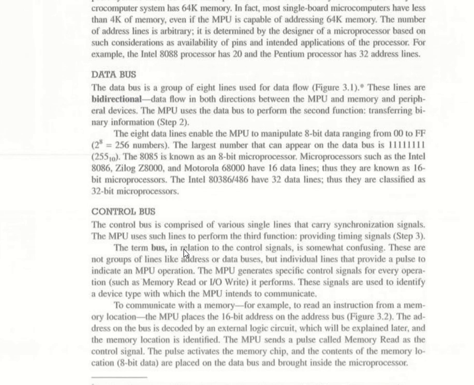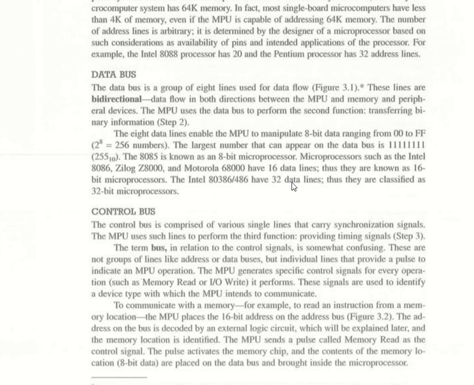So the data flows in both directions between microprocessor unit and memory devices, and the microprocessor unit uses data bus to perform the secondary function. What was the secondary function? Transferring binary information. By binary information we mean zeros and ones, 0011, 0011, 1001, 0011.